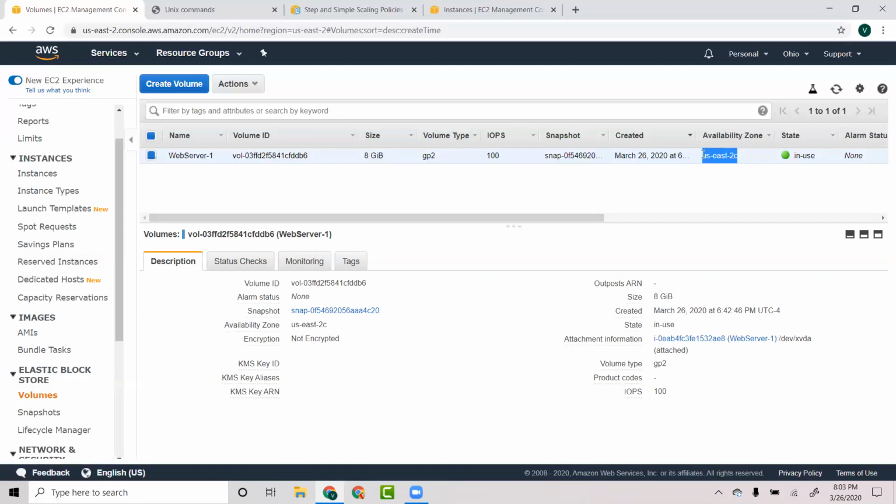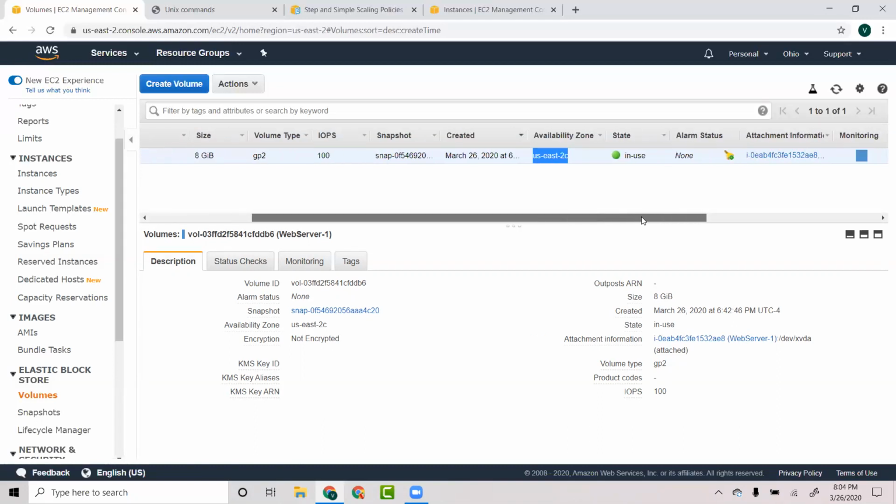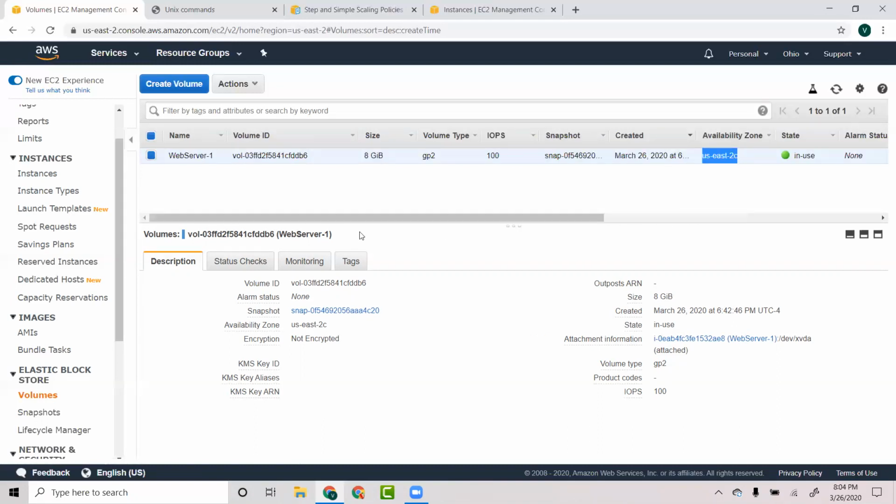You don't want your CPU in Cleveland, Ohio, and the hard disk somewhere else. They will be in the same availability zone for all practical reasons. You cannot separate them. AWS does not allow that. I can show you that.